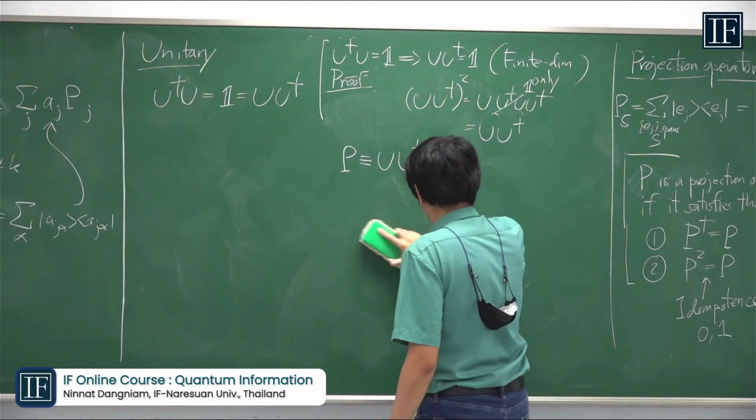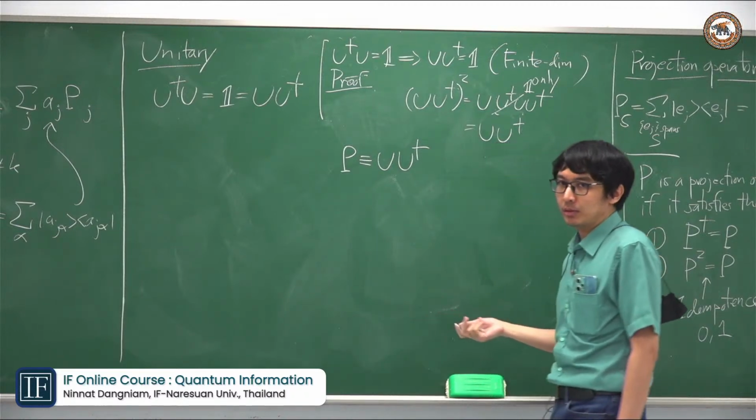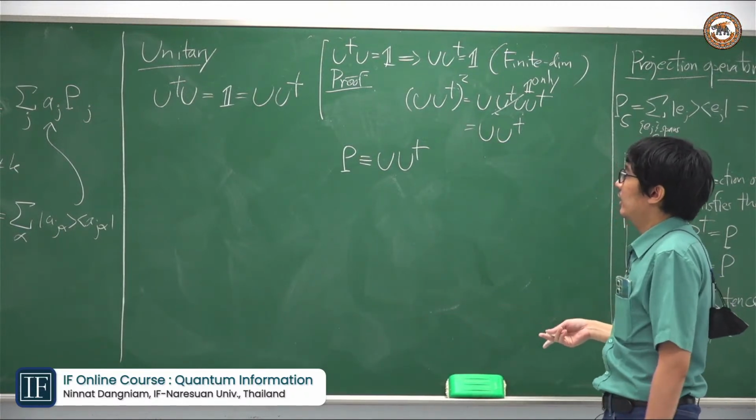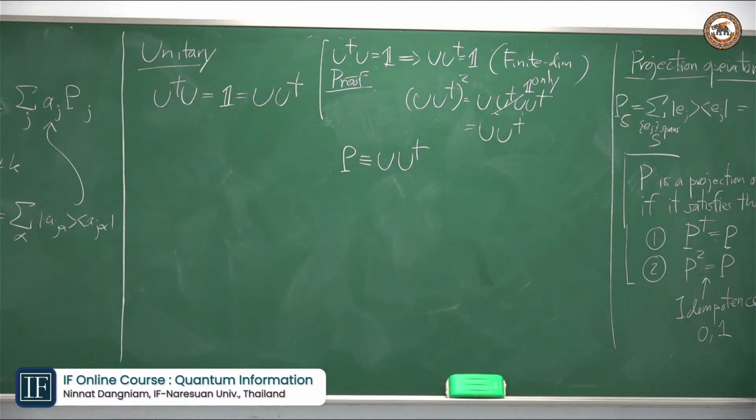And it's a useful thing to know that you can find the dimension that the projector projects onto by taking the trace of the projector. Because it's basically the identity operator on the subspace, the eigenvalue is just 1 in the subspace and 0 otherwise. So if you take the trace, it will just count the number of 1s.